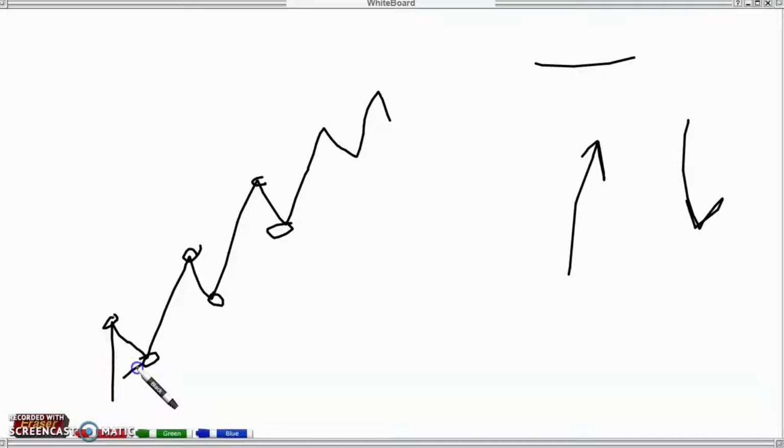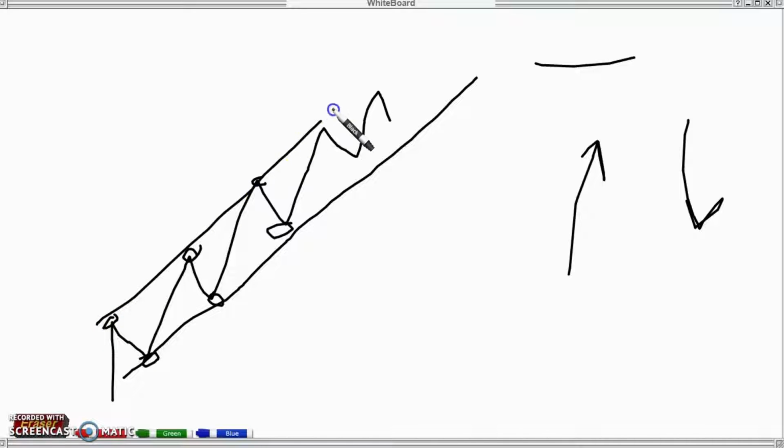So for instance, I'm just drawing freehand, guys. Now I just connect my dots and we can see we're in an uptrending channel. So you will connect your lows to each other and you will connect your highs to each other to check whether you are moving in a channel. Usually we trade with the trend.